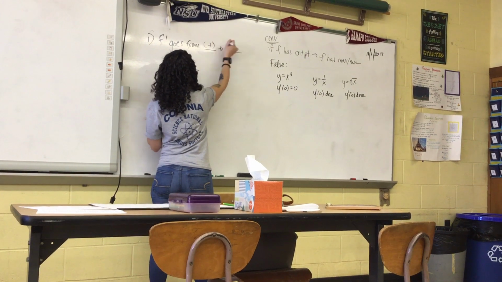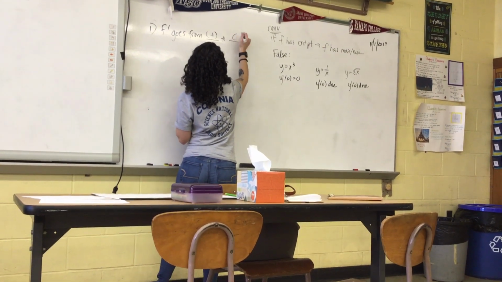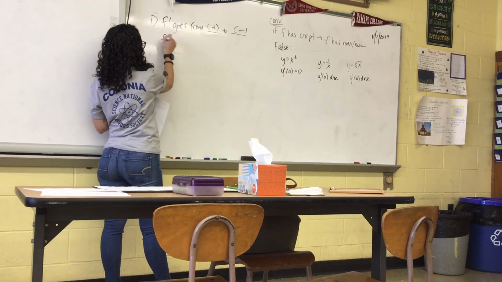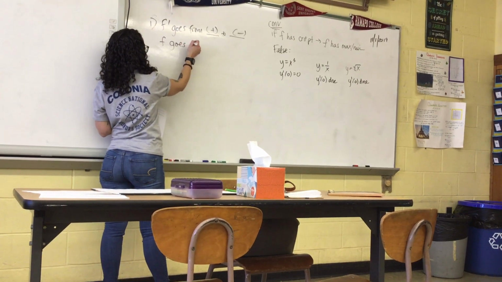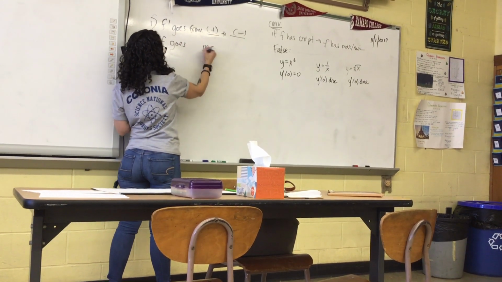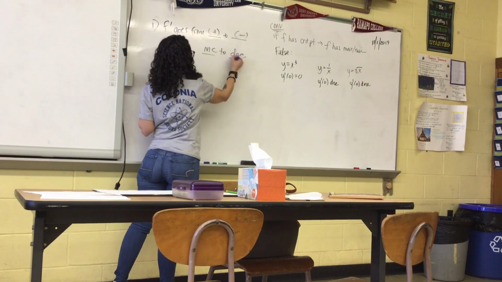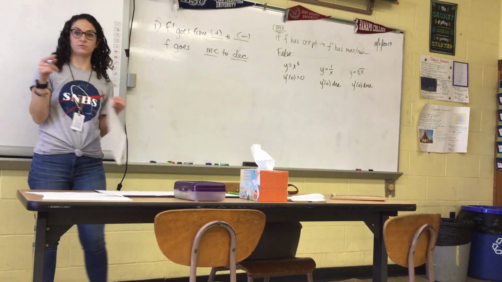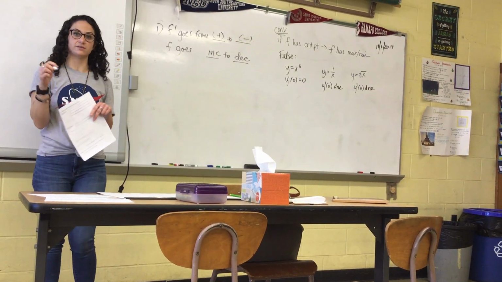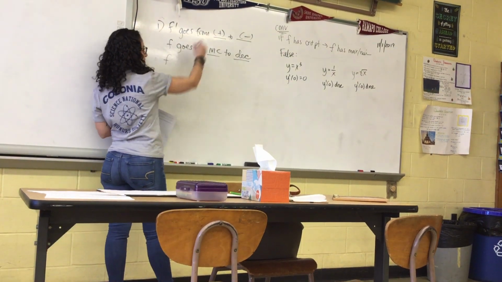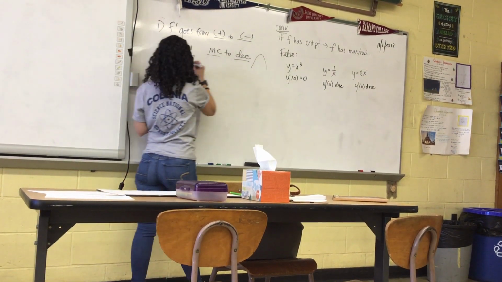Positive to negative. What will f do if f prime goes from positive to negative? Increasing to decreasing. And if f goes from increasing to decreasing, then f has, right? Because the increasing to decreasing looks like that, so f has a local max.